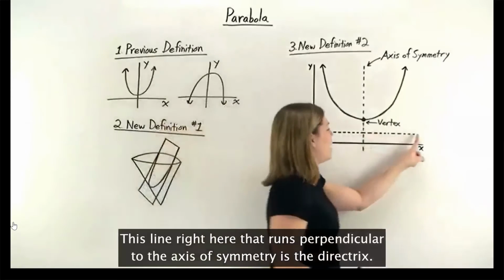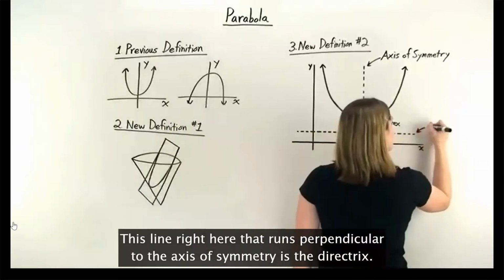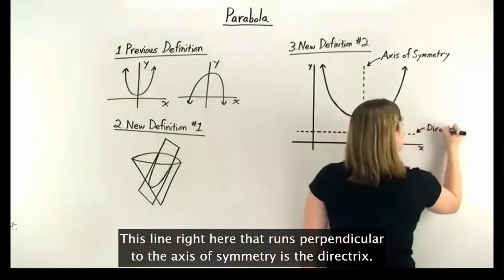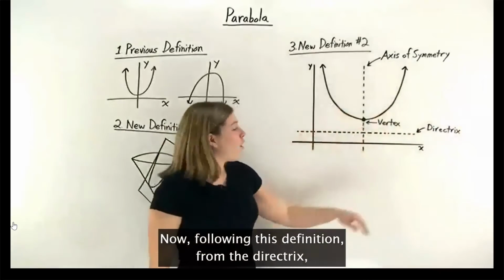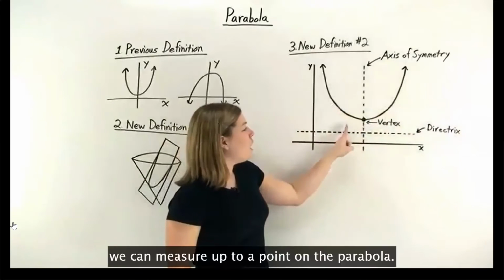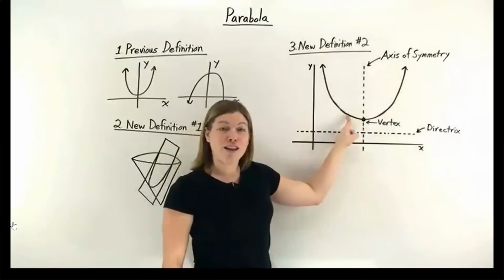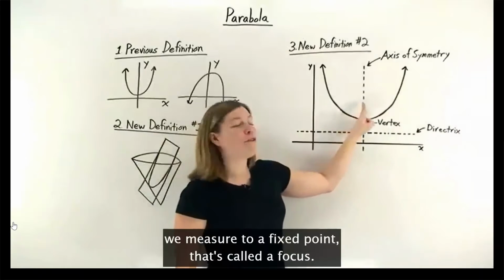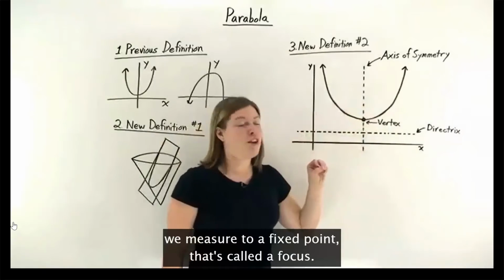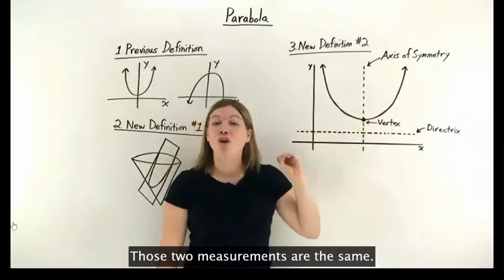This line right here that runs perpendicular to the axis of symmetry is the directrix. Now, from the directrix, we can measure up to a point on the parabola. Then, from that same point, we measure to a fixed point. That's called the focus. Those two measurements are the same.